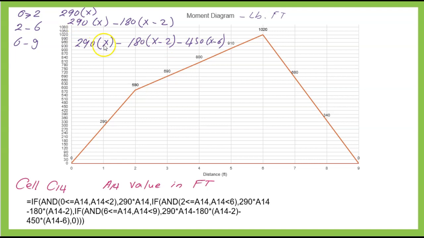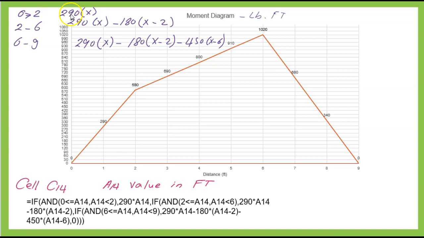I have used the function for cell C14, if and then open one bracket, A14 equals or bigger than 0, comma A14 less than or equal to 2, we close the bracket, and then comma 290 by A14, because we are checking for the moment. The moment value is force by distance.